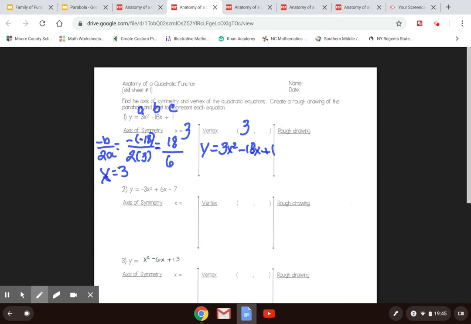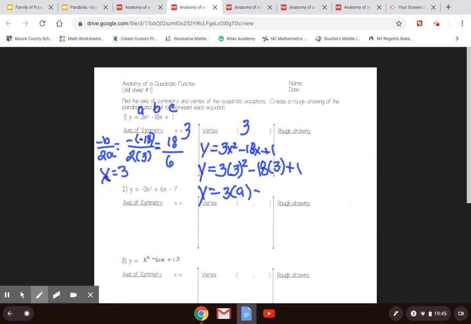Okay, so what I'm going to do then is take this value of x, which is 3, which I discovered over here, and I'm going to substitute that every place I see an x. So I'm going to have 3 times 3 squared minus 18 times 3 plus 1. So that means y equals, so 3 squared is 9. So here I have 3 times 9.